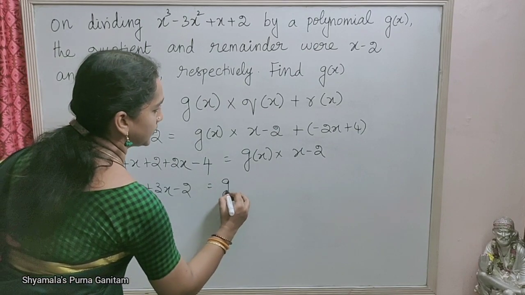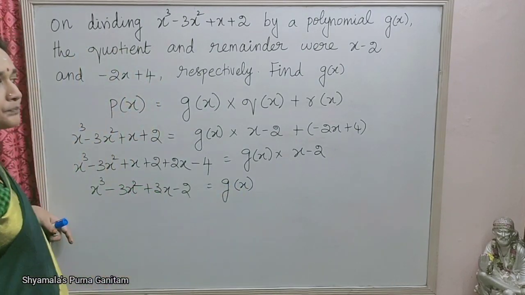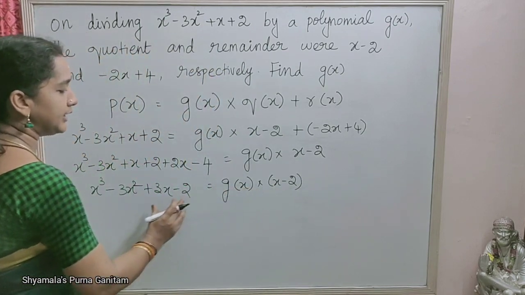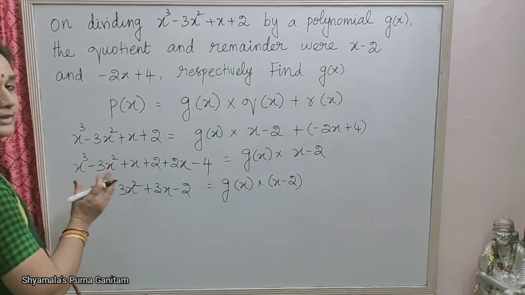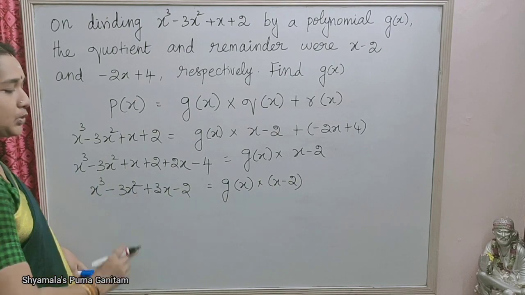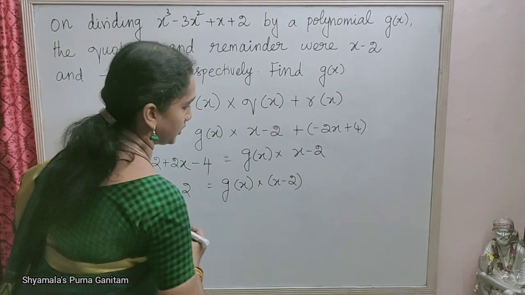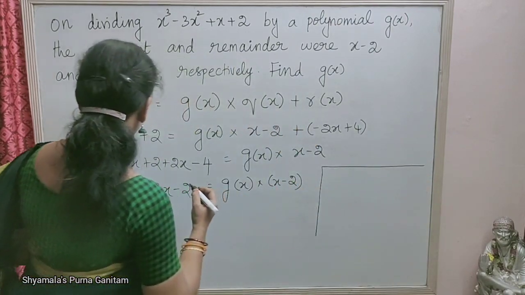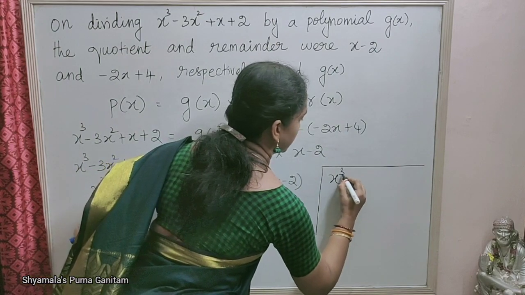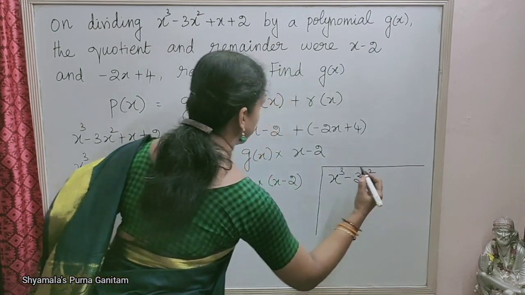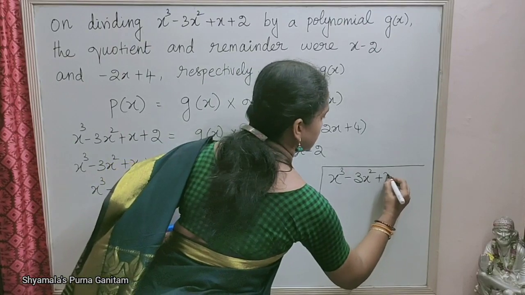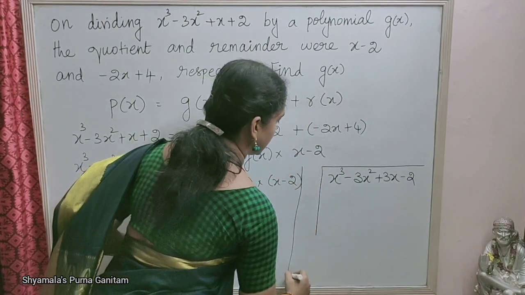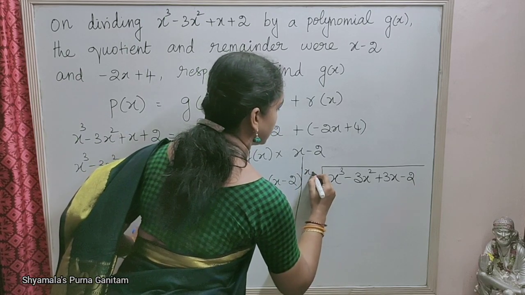This is equal to g of x into x minus 2. So now we will divide x cube minus 3x squared plus 3x minus 2 by x minus 2.